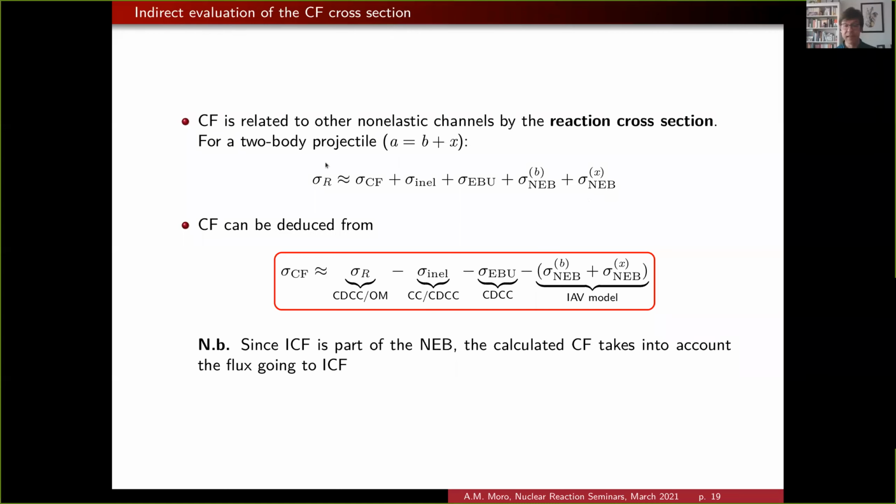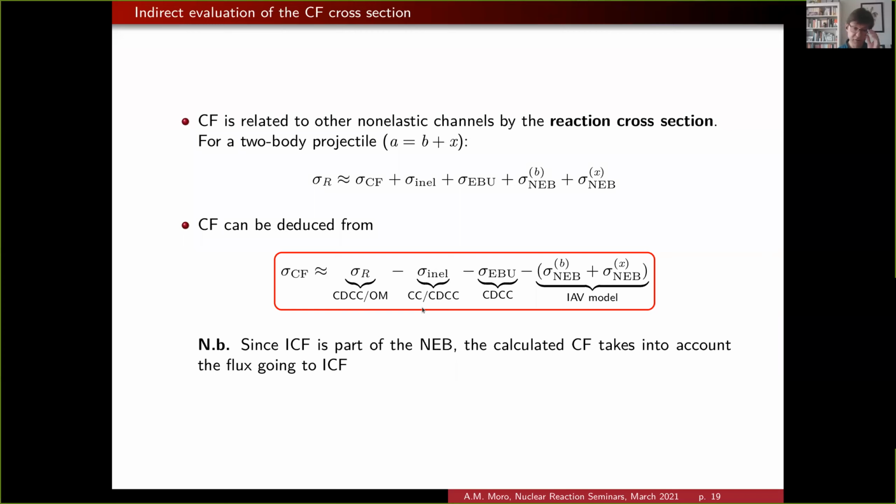So, assuming that we can evaluate these contributions accurately, we can deduce the complete fusion cross-section by just subtracting all these contributions from the reaction cross-section. And by the way, the reaction cross-section can also be computed accurately either with the optical model or with CDCC calculations, particularly if we have elastic scattering data to adjust some optical model potential.